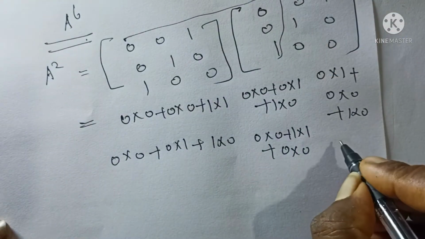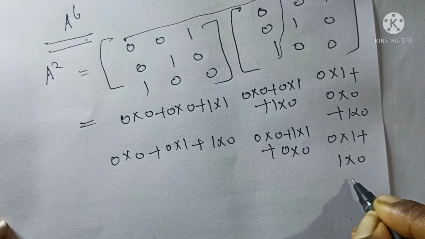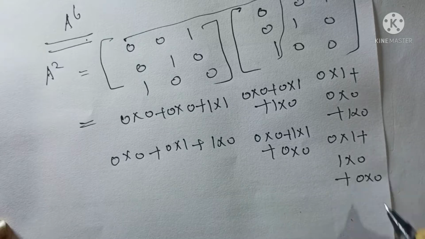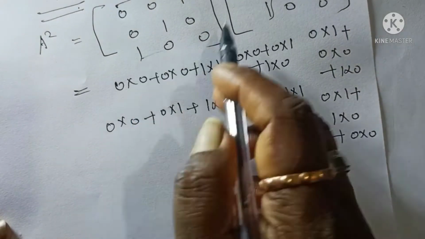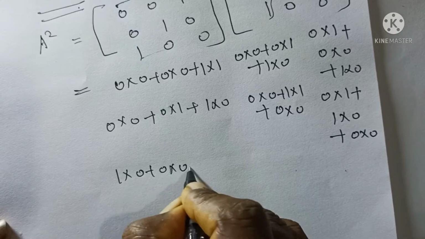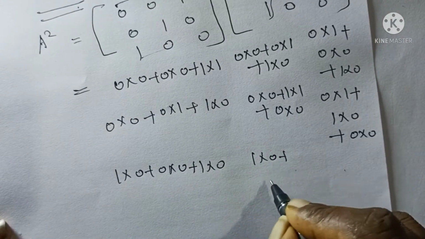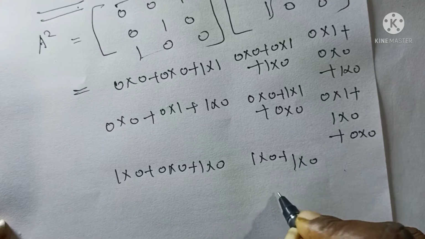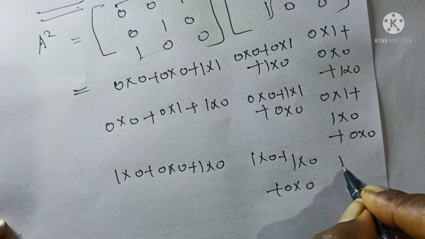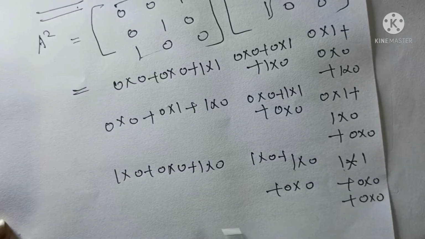Next 0 into 1 plus 1 into 0 plus 0 into 0. Then 1 into 0 plus 0 into 0 plus 1 into 0. Then 1 into 0 plus 1 into 0 plus 0 into 0. 1 into 1 plus 0 into 0 plus 0 into 0.